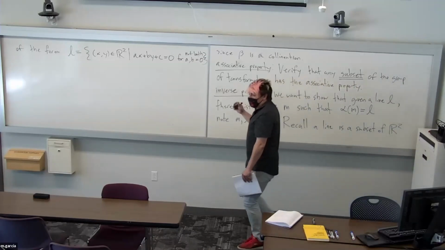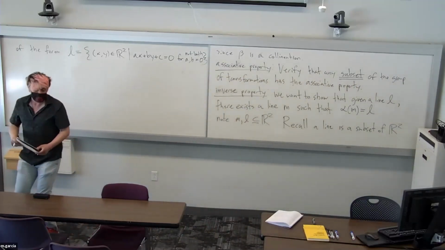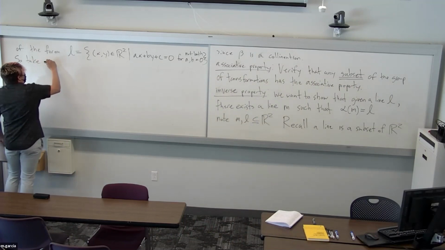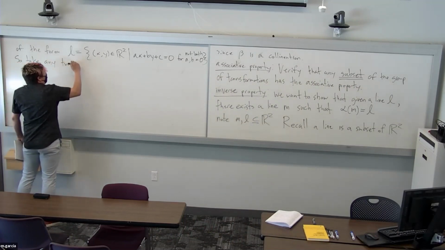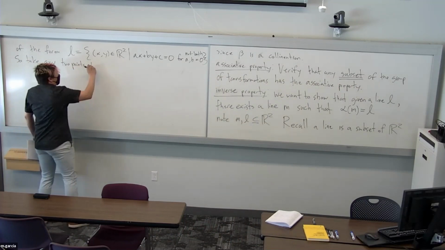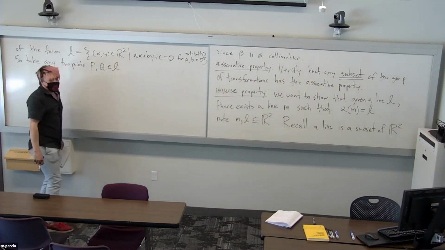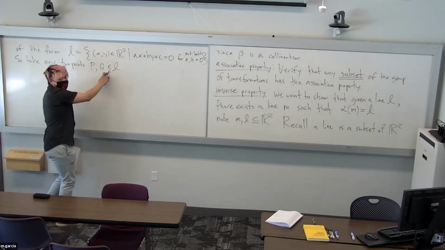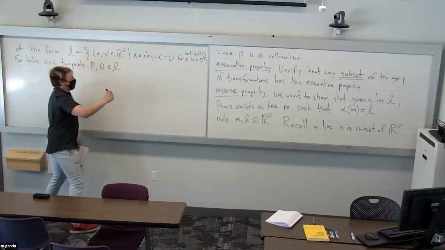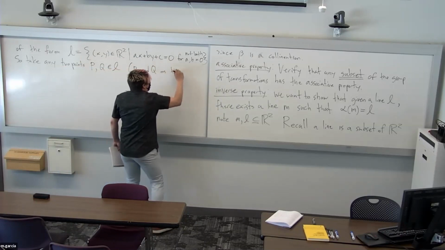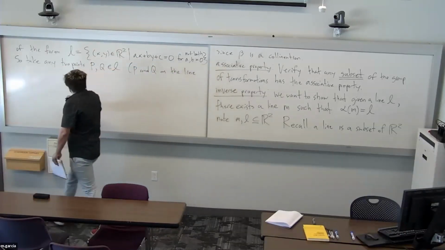Now let's go about trying to construct M. Let's do the deed that we set out to do. Take any two points, P and Q, on the line L. I write it this way just to emphasize again that L is a set.